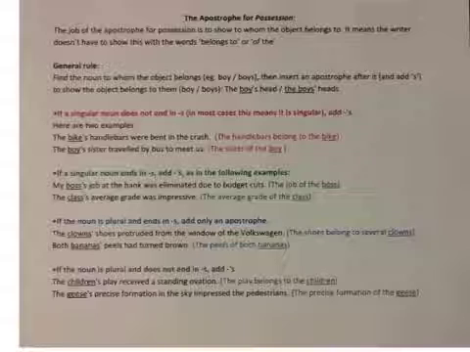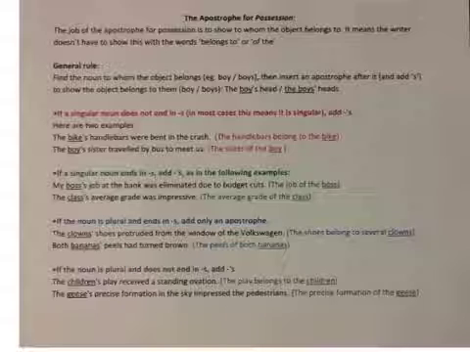And then after the s on clowns, you put the apostrophe, because the apostrophe is showing that the shoes belong to clowns, several clowns. Next example: both bananas' peels had turned brown. This shows that there's more than one banana. It's the peels of both bananas. So you do bananas, and after the s you put the apostrophe. The apostrophe is pointing at bananas, because the peels belong to the bananas.